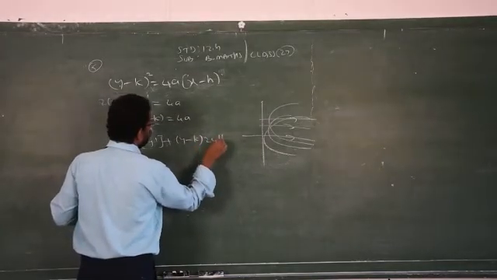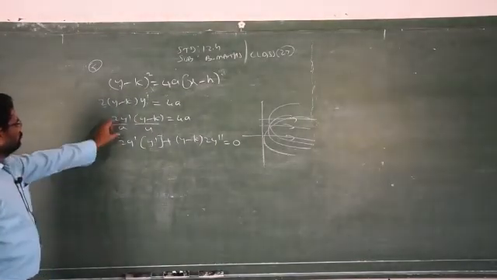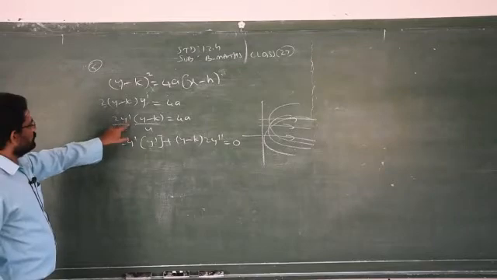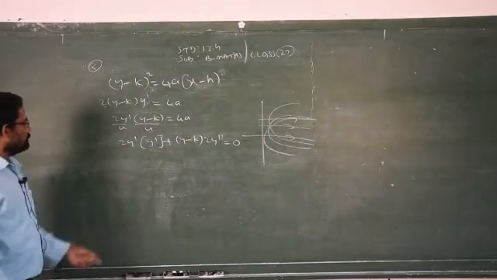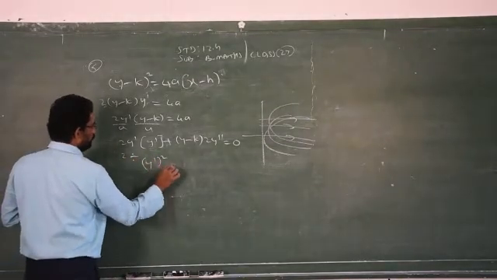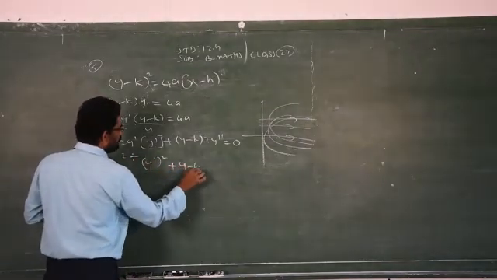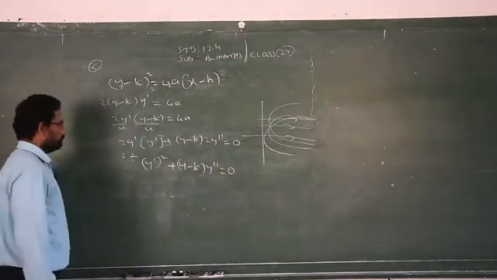Y dash will become, differentiation of 2y dash is 2y double dash. All the terms contain 2, so divide everything by 2, and you will get y dash the whole square plus (y minus k) into y double dash is equal to 0.